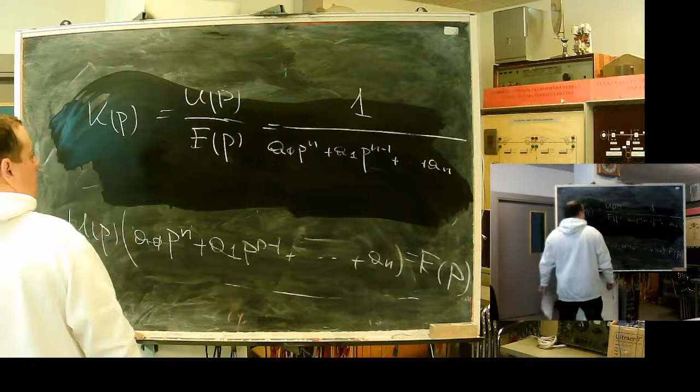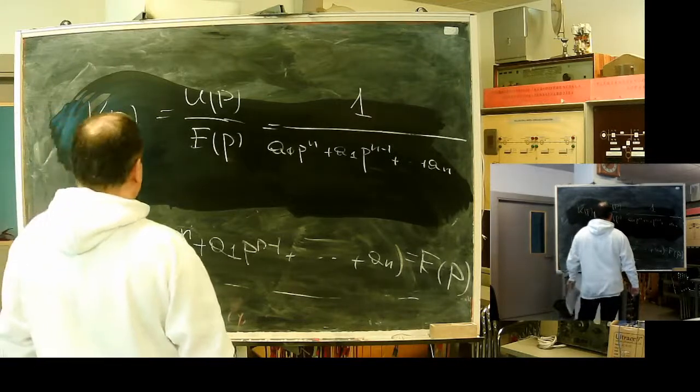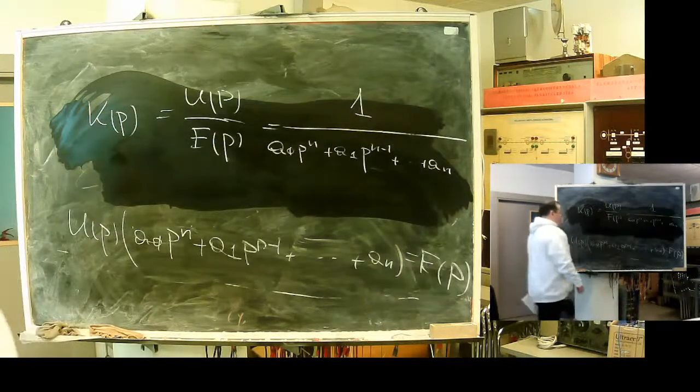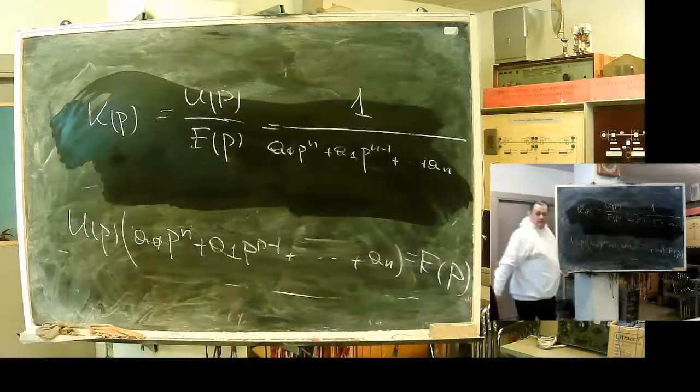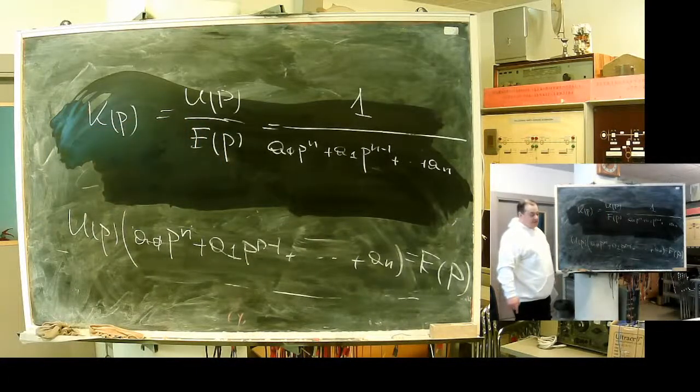Here it is. The transfer function has the characteristic equation as its divisor.